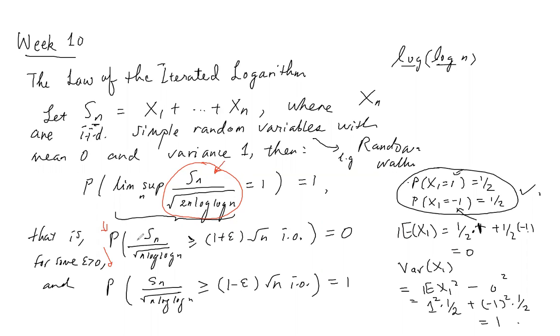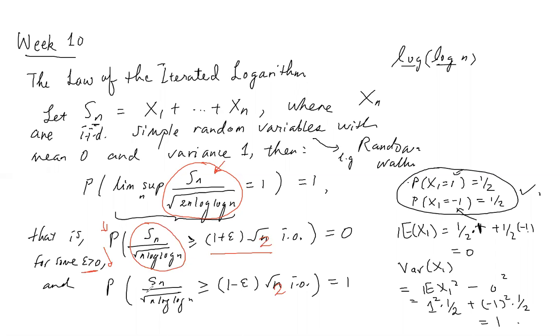For some epsilon greater than 0, the probability that this random variable exceeds square root of 2 times 1 plus epsilon, where epsilon is some arbitrary constant, infinitely often is 0.